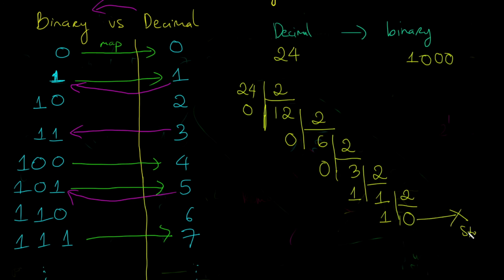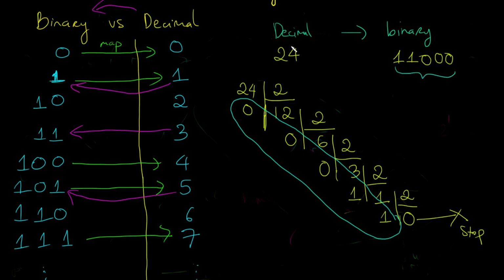So I put stop. Okay, so this is also your new bit. So I put down 1. So let's double check again. I'm gonna circle these remainders, right? You see your binary gonna be 1 1 0 0 0. So this is the binary of 24.